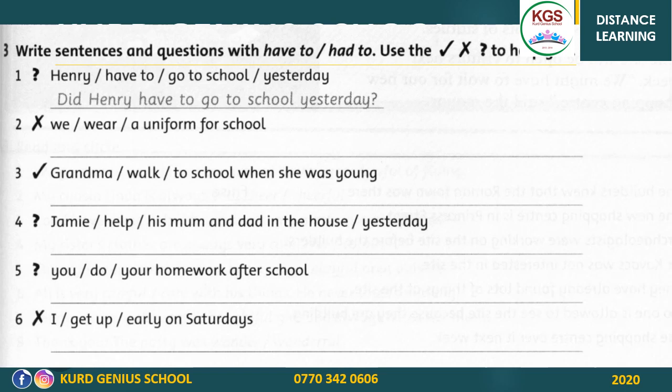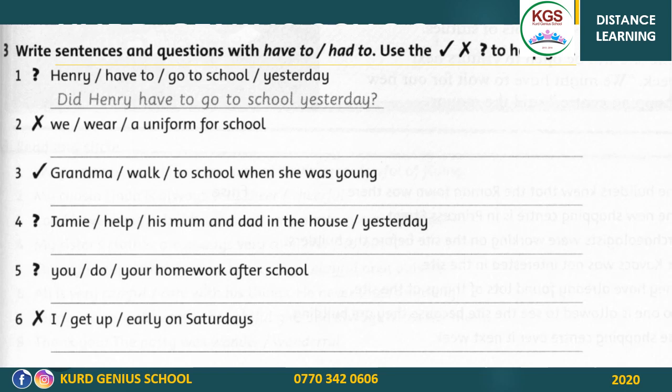And please, when you ask questions with do or did or does, the verb after that must be in its base form. So did Jamie have to? Or in the first sentence, did Henry have to? Because it's a question. Doesn't matter whether it's past or present or whatever.